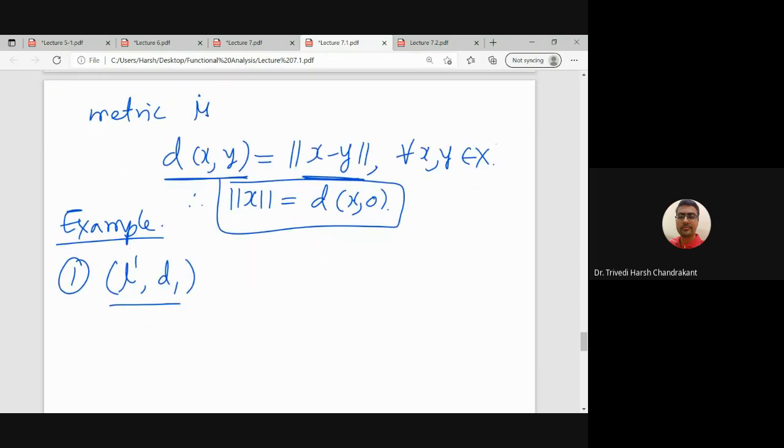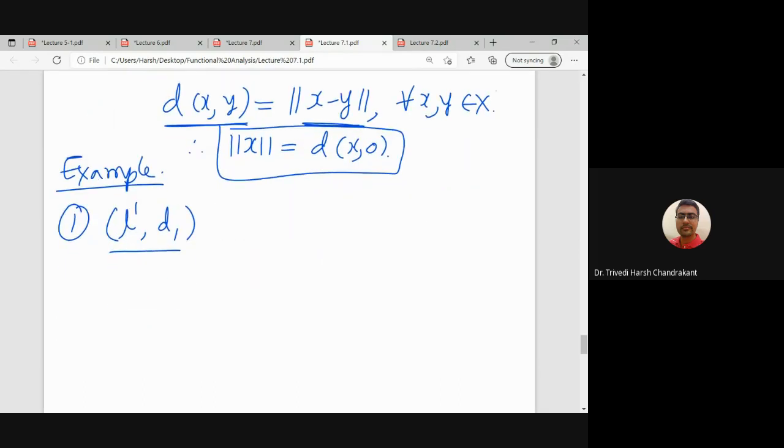So in L1, if you take any sequence, x equals x1, x2 and so on, in L1, then what is the norm in L1? So the norm in L1 will be denoted by norm subscript 1.